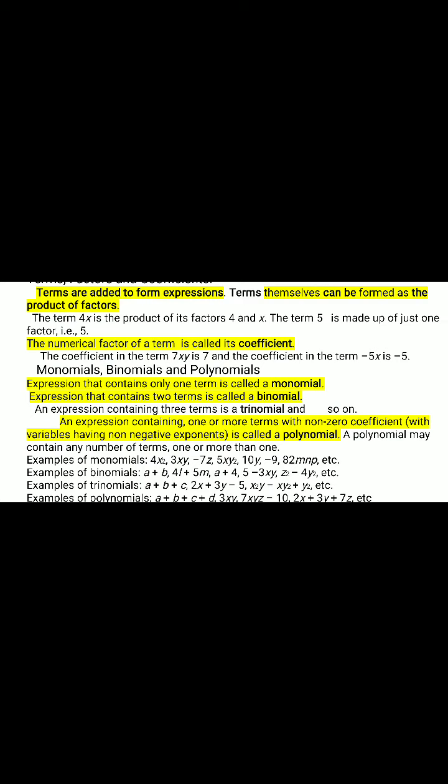It means a polynomial has variables and the power of the variable must be a non-negative integer. A polynomial may contain any number of terms, one or more than one.